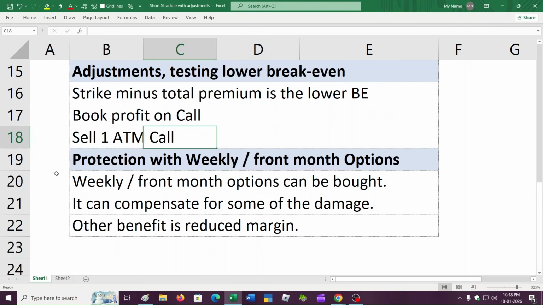For example, we can buy a put option near the lower break even. We can buy a call option near the upper break even so that to some extent we can compensate for the risk or the damage or the loss. That's all we can do. Also, we will get reduced margin in that kind of situation because we are defining our risk.